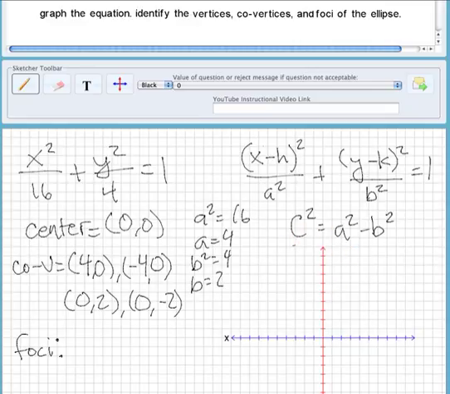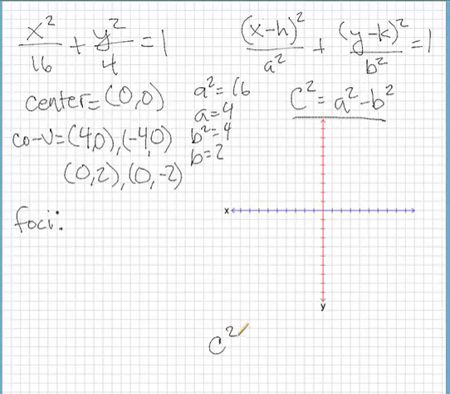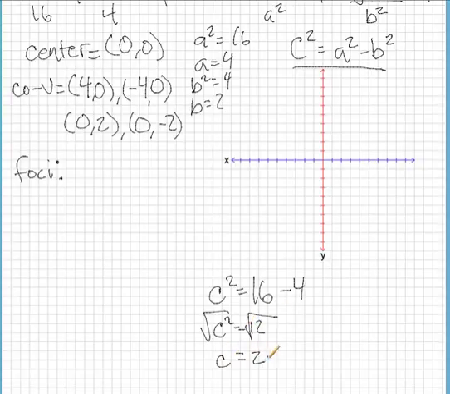We're going to use this equation to find c. So c squared equals 16 minus 4, so c squared equals 12. Take the square root of both sides, so c equals 2 root 3.